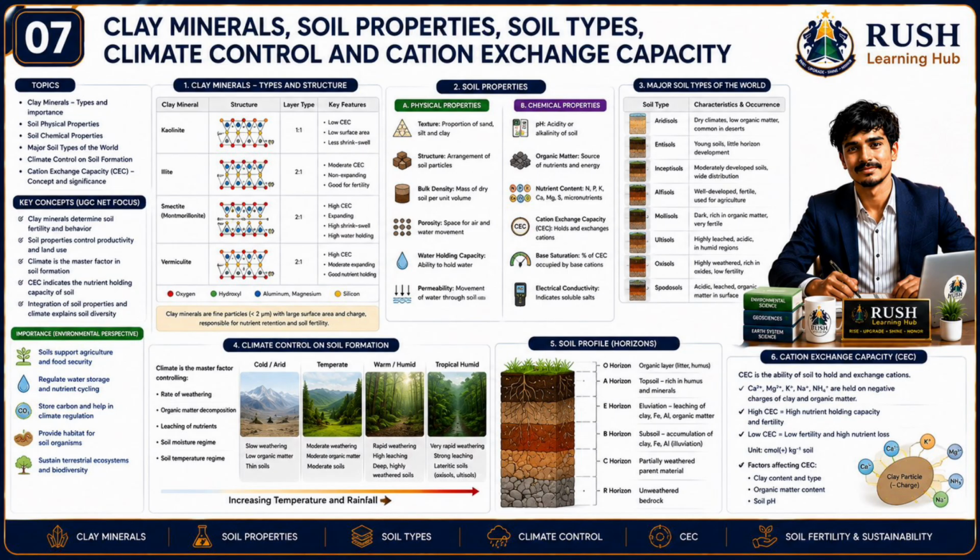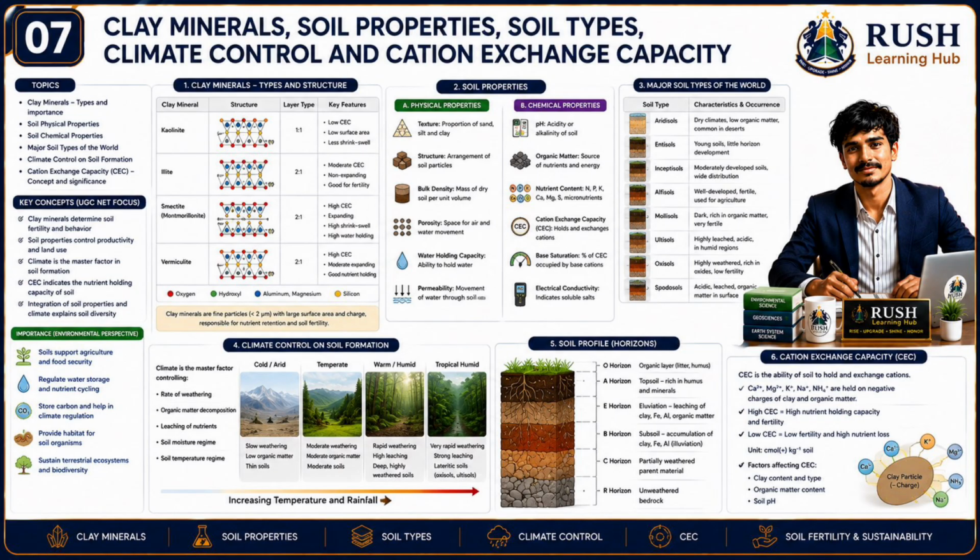Another important clay mineral is montmorillonite, which belongs to the smectite group. Montmorillonite also has a 2:1 layer structure but exhibits very high cation exchange capacity and remarkable swelling and shrinking behavior. Because of its ability to absorb large quantities of water, it is responsible for the expansion and contraction of black cotton soils.